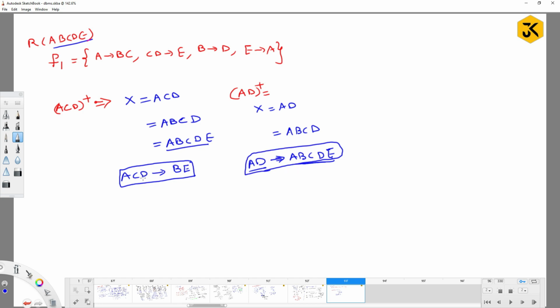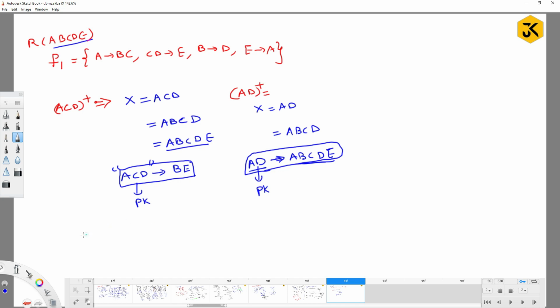What is the meaning of this? Can I consider ACD as a primary key? Yes. Can I consider AD as a primary key? Yes. That is the meaning of this. If you find the closure set of any particular attribute set, and it determines all the attributes of the table, then I can call it a key.